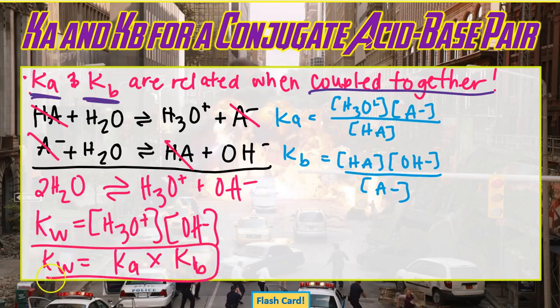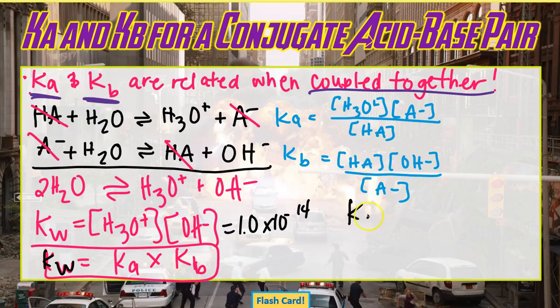This is the relationship we start seeing here. And we also know what Kw equals: 1.0 times 10 to the negative 14. So it all connects, folks. Therefore, Ka times Kb is equal to 1.0 times 10 to the negative 14.